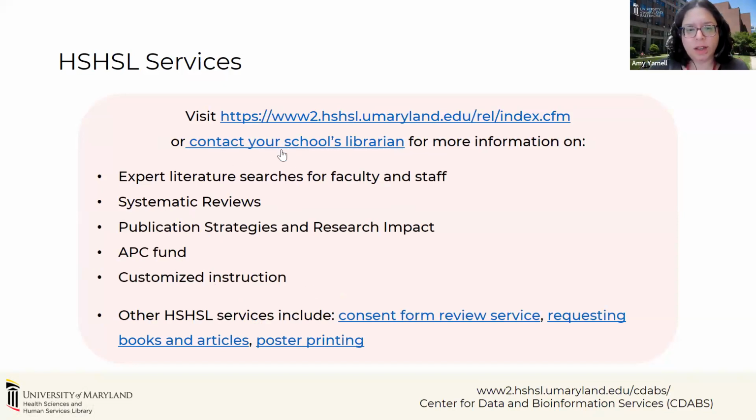Every school has their own librarian, and they do things like expert literature searches for faculty and staff. They collaborate on systematic reviews. They consult on publication strategies and thinking about your research impact. There's also a fund for author publishing charges.